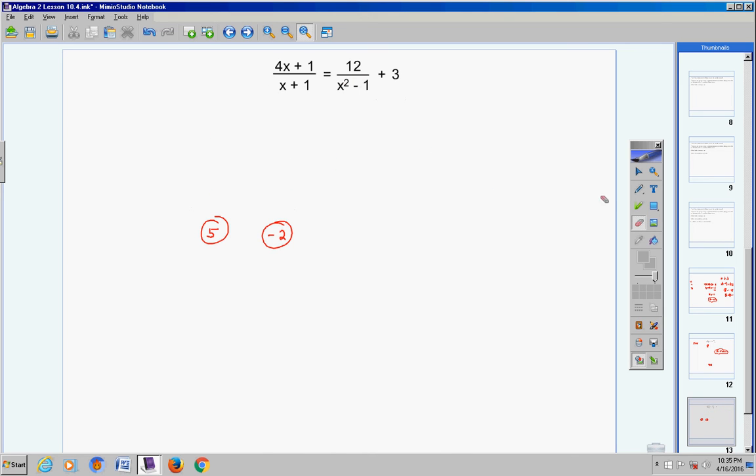Let's start with the 5 first. We can do a lot of this in our head, okay? Substitute 5 for x. 4 times 5 is 20 plus 1 is 21. 5 plus 1 is 6 equals 12 over 5 times 5 is 25 minus 1 is 24, plus 3.